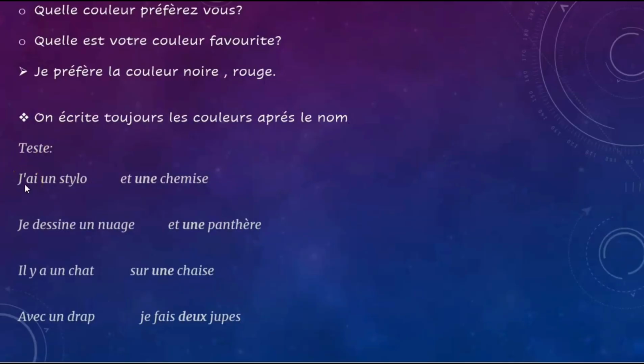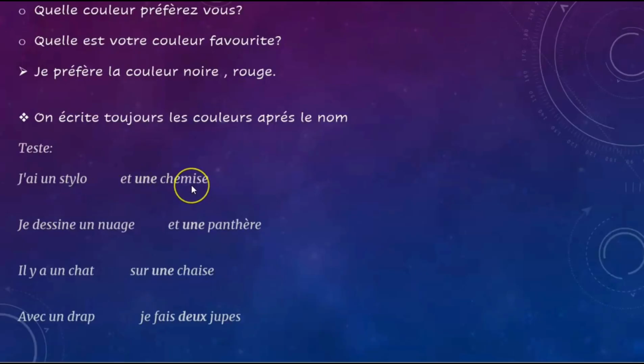Première, j'ai un stylo dash et une chemise dash. Stylo means pen and chemise means shirt. So un stylo, stylo is masculine, so you have to use the color in its masculine form.